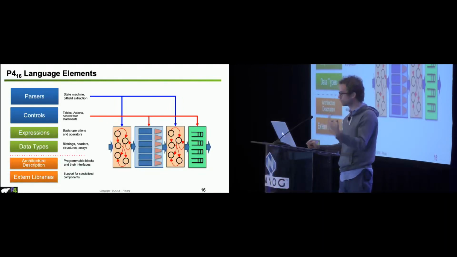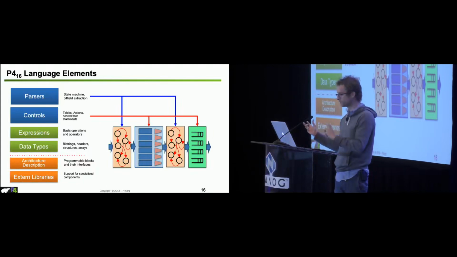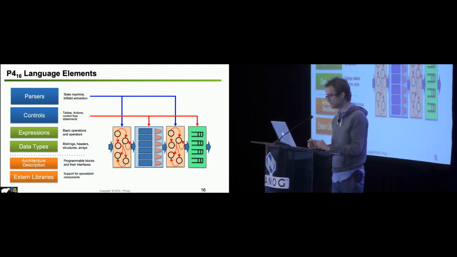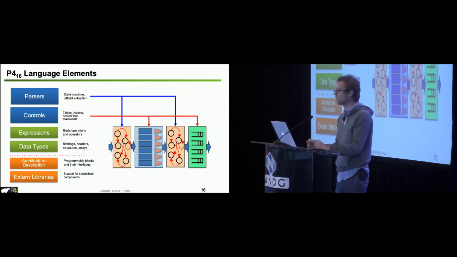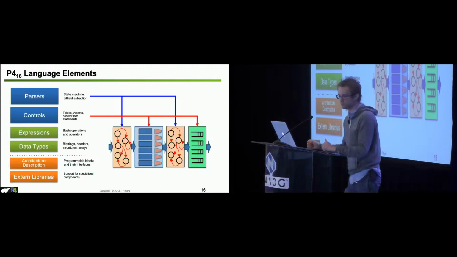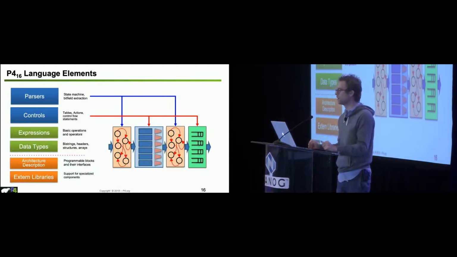So we had an old version of the language called P4_14, which came out in 2014, which said, okay, a programmable networking device is going to be a parser, it's going to be two different match action pipelines, one on ingress, one on egress, and it's going to be a deparser. What happened is, working with multiple vendors, working with the P4.org community, we realized that one size does not fit all.